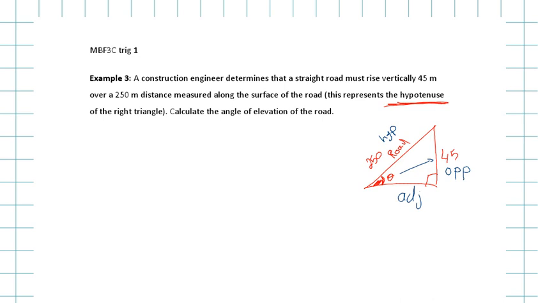Which one am I going to use? Opposite over the hypotenuse. So sine theta equals opposite over hypotenuse. Why is that? Because I have the opposite and I have the hypotenuse.